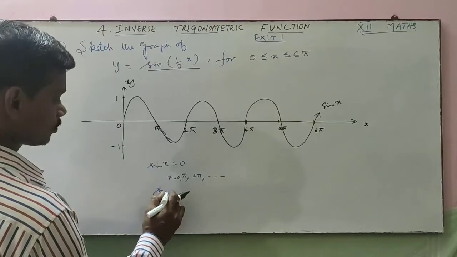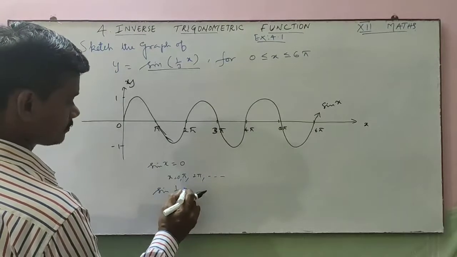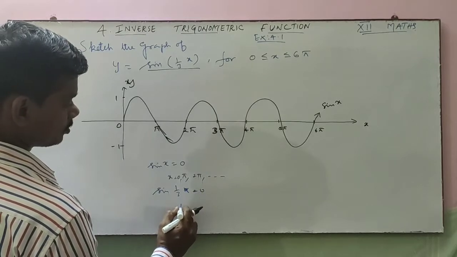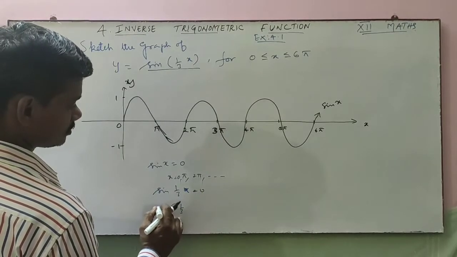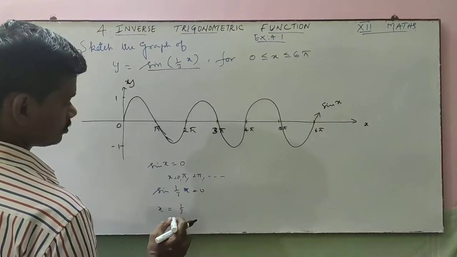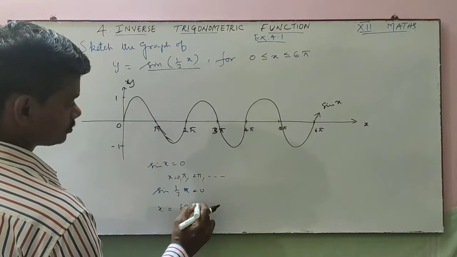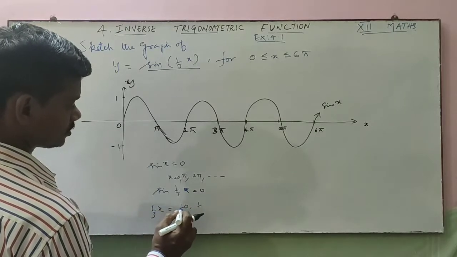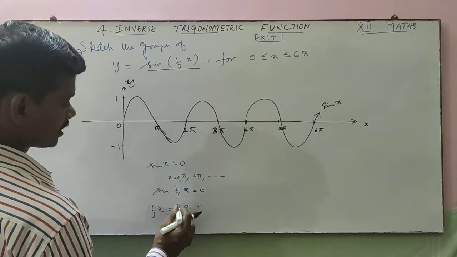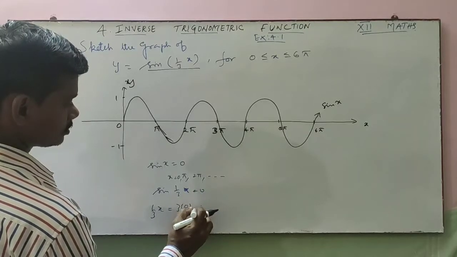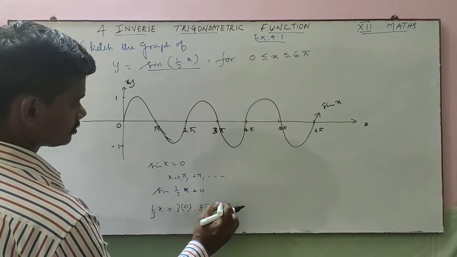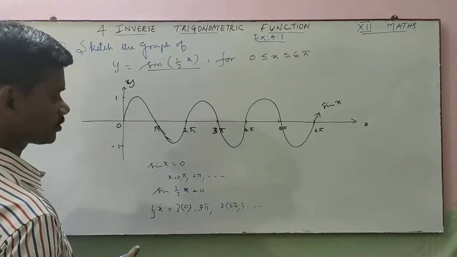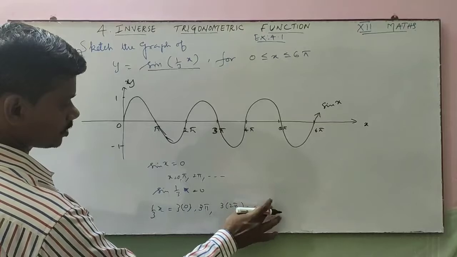For sin 1 by 3x equal to 0, 1 by 3 x is equal to 0, pi, 2 pi, so x is equal to 3 times 0, 3 times pi, 3 into 2 pi, like that it comes.